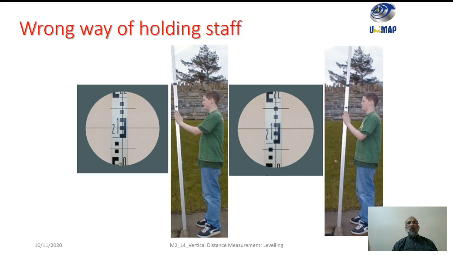One must be holding this particular staff exactly in the vertical plane. So here, as you see, this is actually the view that one gets when one sees through the eyepiece. So this is the position of the diaphragm, showing the horizontal hair as well as the vertical hair.